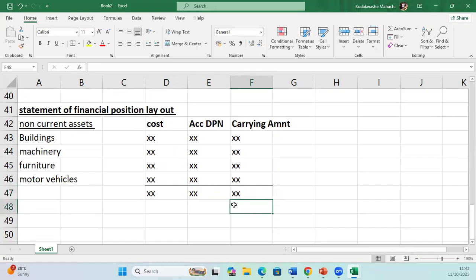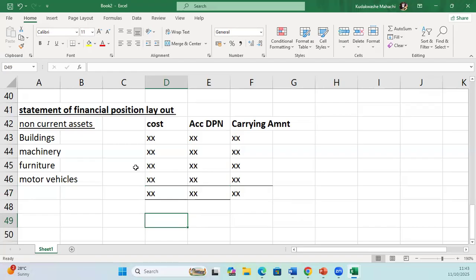You can even close these two. So we are going to move with the last column.